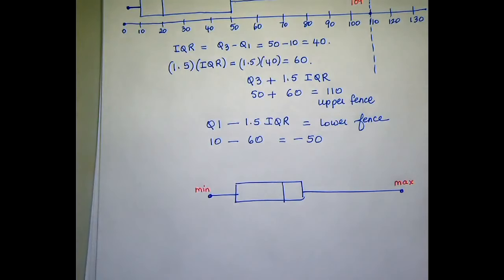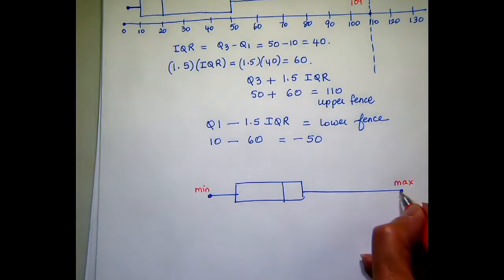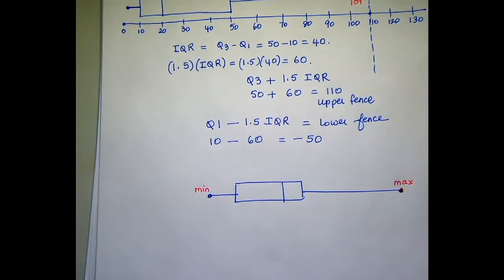Let's say that this guy is an outlier. This maximum is an outlier. You cannot look at this whisker to decide the skewness of the whole data set just because there's one outlier. I'm saying suppose this guy is an outlier.